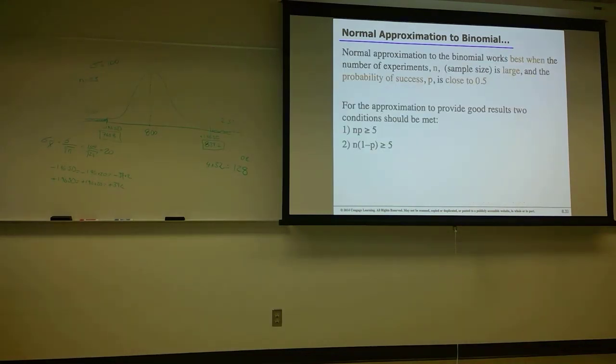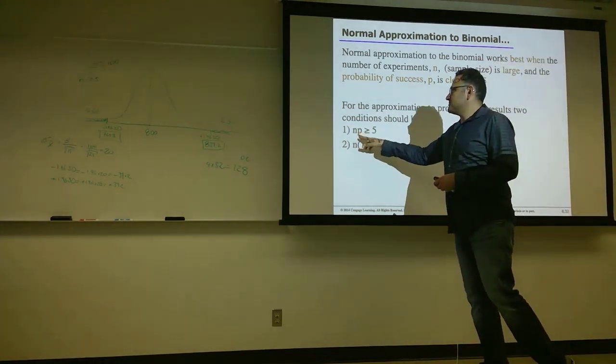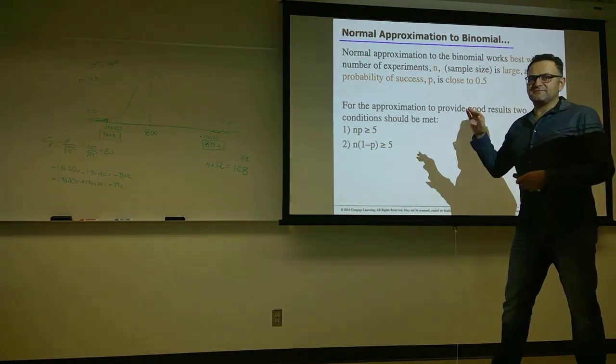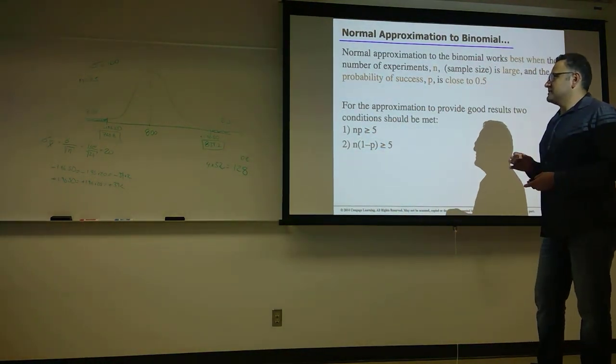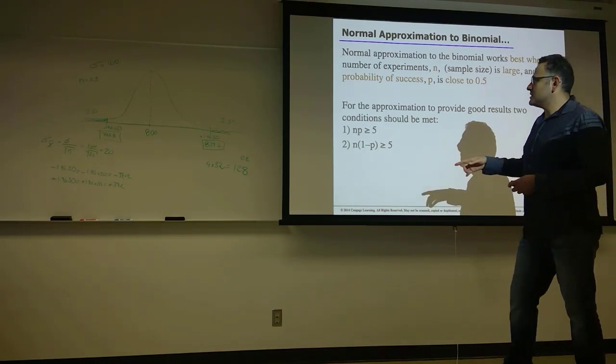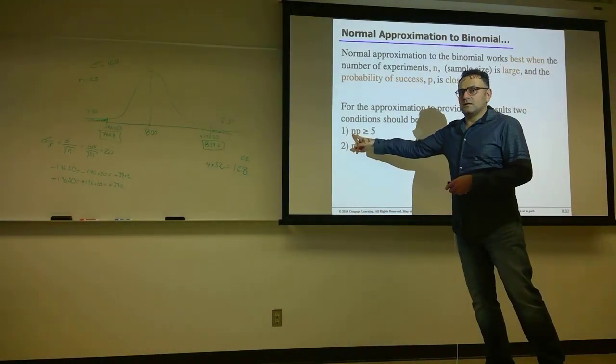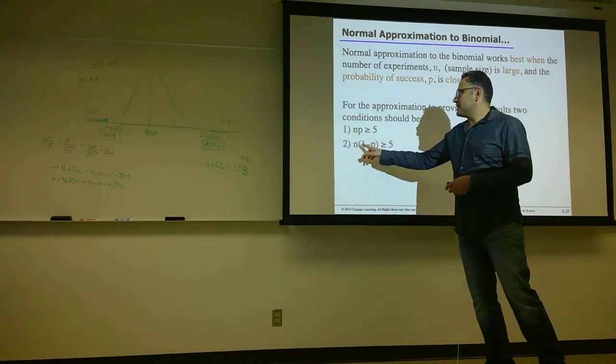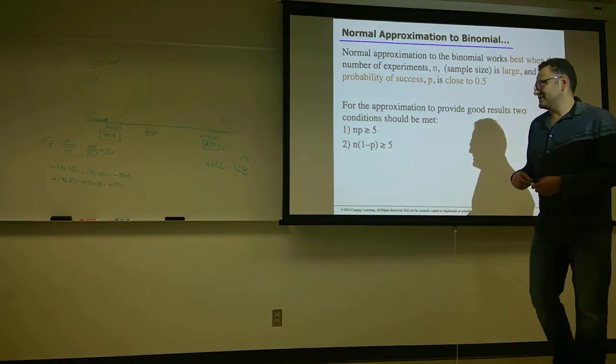So before we jump into approximation, we need to be aware that the approximation gives good results when two conditions are met. One condition is that n times p must be greater than 5. In other words, the smaller p, the larger n must be. And then n times 1 minus p must also be greater than 5.